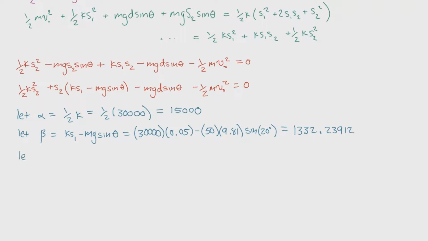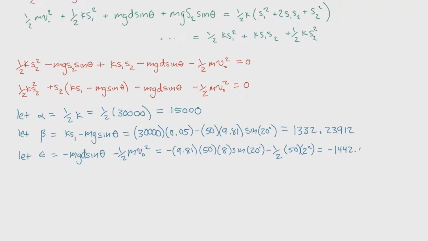And then we're going to let epsilon equal negative mgd sine theta minus 1/2 mv0 squared. And that's going to equal negative 1442.087. So the reason why I did this is so that we could see that this is actually a quadratic equation, because it looks pretty complicated with all these different variables.